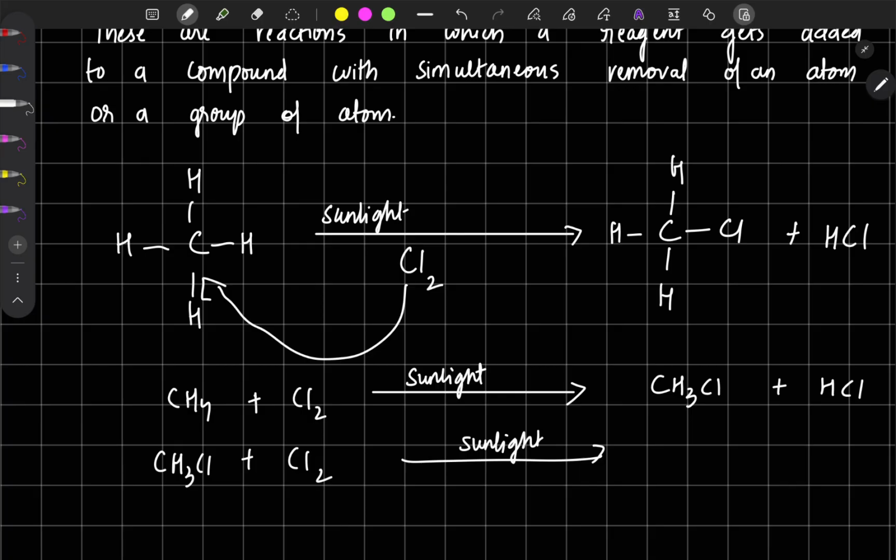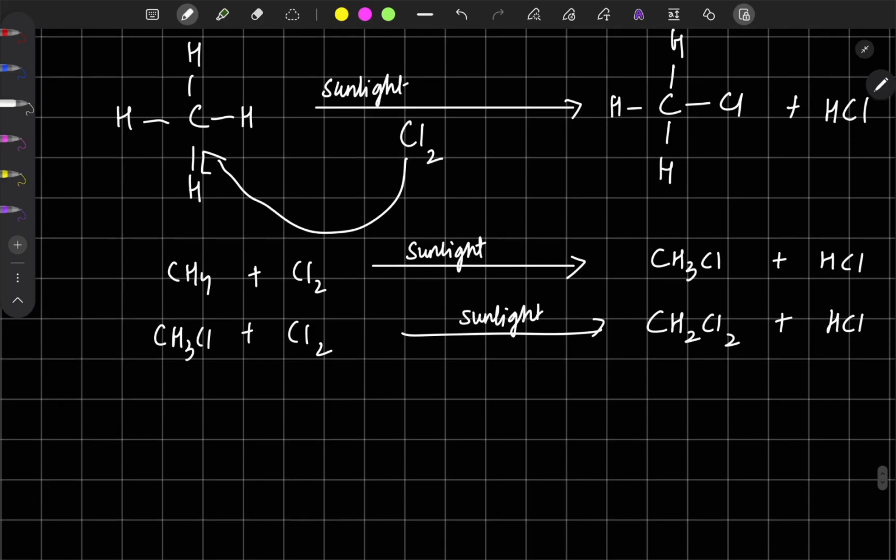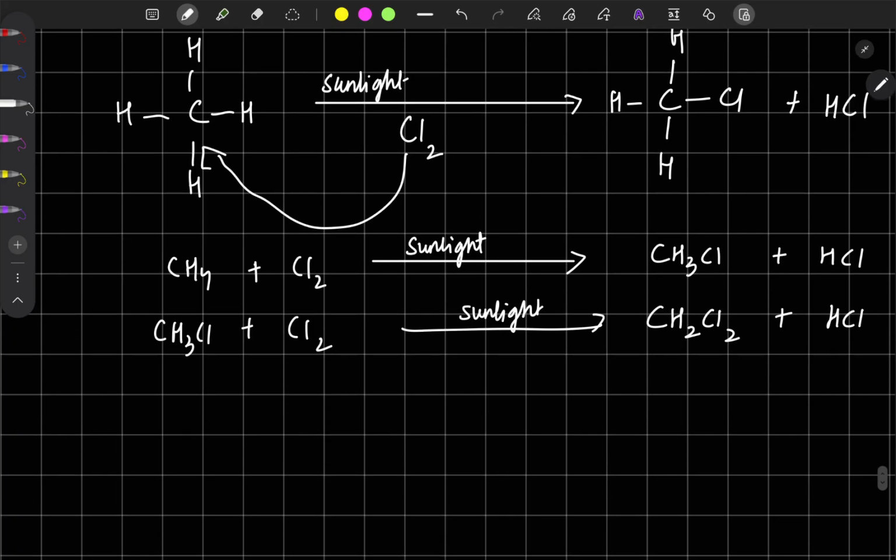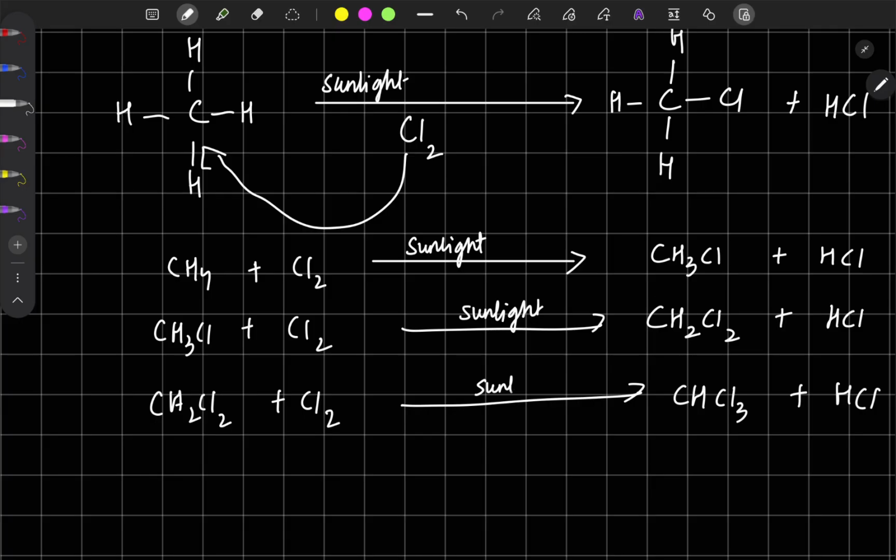One more hydrogen will be removed from this. So we will get CH2Cl2 plus HCl. It will continue, and again CH2Cl2 will react with Cl2 to form CHCl3 plus HCl, in the presence of sunlight.